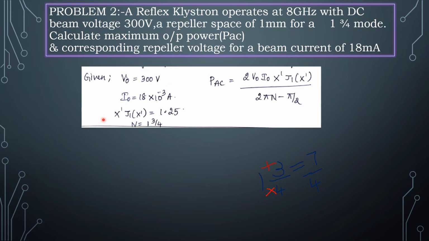So the given terms are V0, which is 300 volts, I0, which is 18 microampere, where micro is 10 power minus 3 as we know, and the standard value is x bar J1 of x bar, which has the value 1.25, and the mode is 1 3/4 mode, which is a mixed fraction. Now we should find the maximum output power PAC.